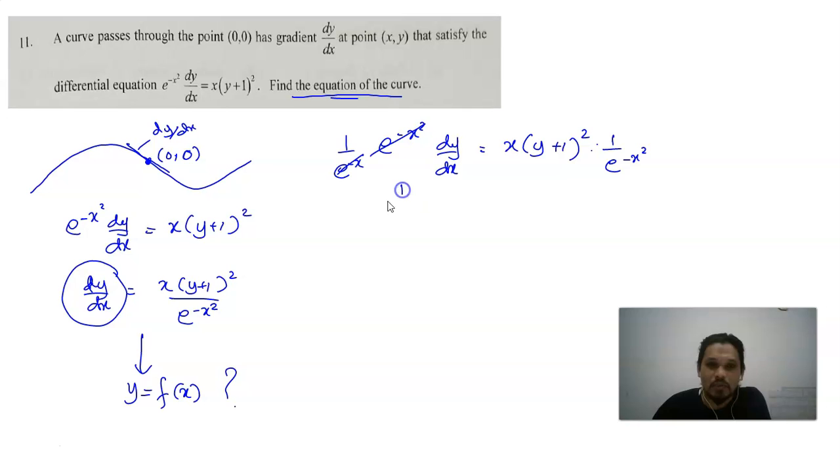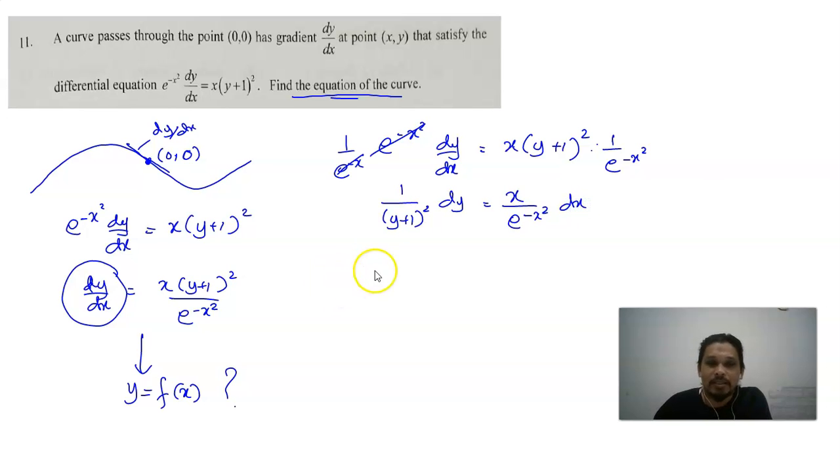So it gives us 1 divided by (y plus 1) squared dy equal to x divided by e to the power of negative x squared dx.